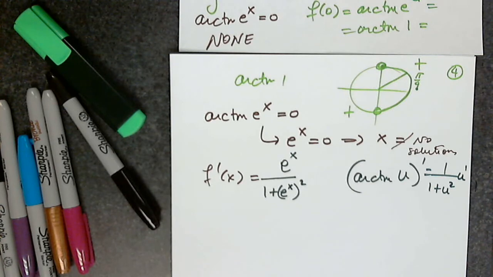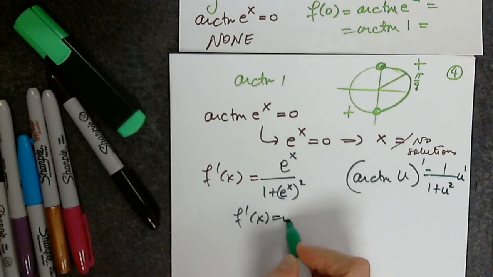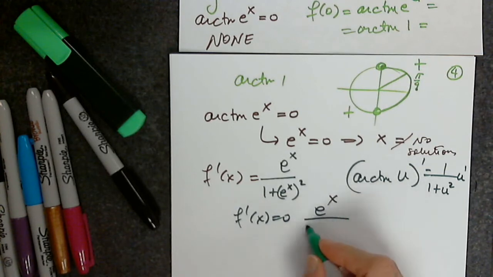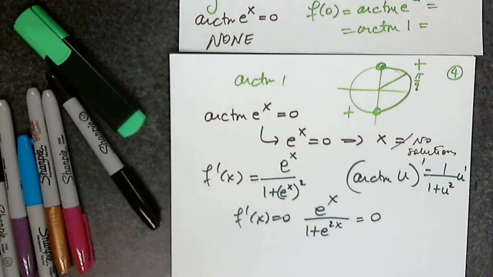Now what? What will be my next step? What am I interested in doing next? Finding the critical numbers. Very good. Setting it equal to 0. F prime of x equals 0 means e to the x over 1 plus e to twice x equals 0.